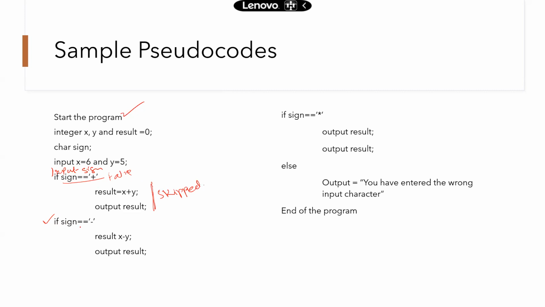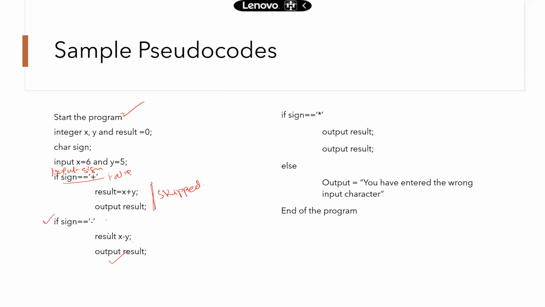So if the sign that we had taken as an input is negative, then this condition becomes true, and it is going to traverse through this body. It is going to calculate the result, and it is going to give you an output of the result.